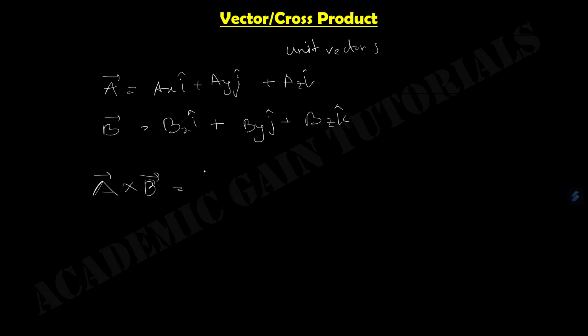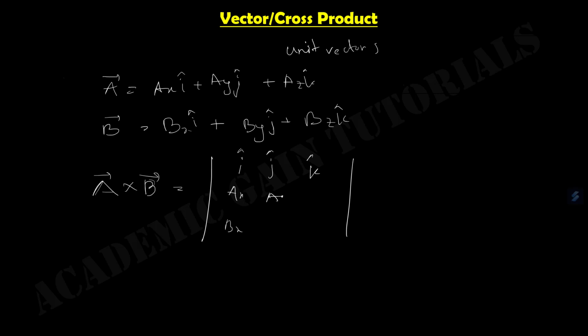Then how can we find this? To find this A cross B, we will determine the value of, no, that will not be A. There will be i, then j, and k. And for i we will get AX BX.